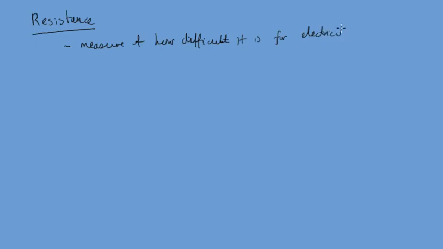This is quite good at this point just to explain a wee bit more about resistance, because as you're studying electricity you hear an awful lot about resistance. So resistance is a measure of how difficult it is for electrical current to flow.